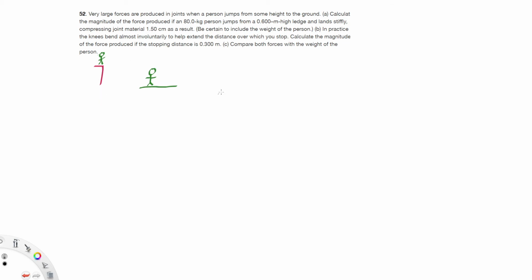So we want to use energy to try and analyze this. We'll call this situation A, situation B. At situation A, we've got gravitational potential energy. What kind of energy do we have at B? Well, we don't have kinetic because we are standing on the ground. Yeah, we have nothing.